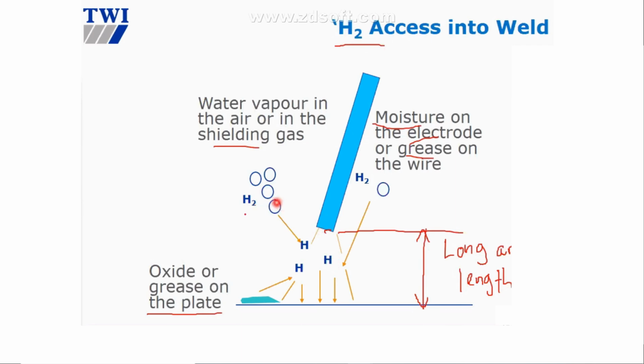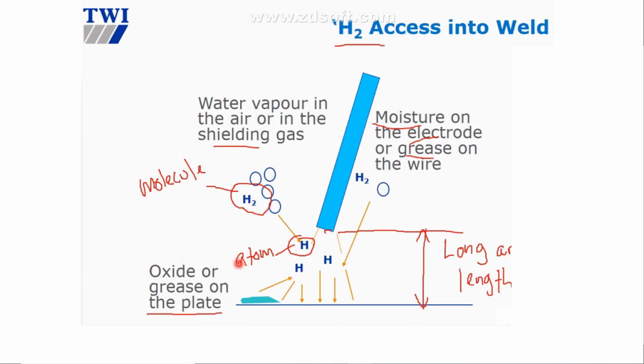Now, what's the difference between H2 and here they put H? So H here means atomic, and here H2, they are referring to molecule. What's the difference? Atom means single, one.